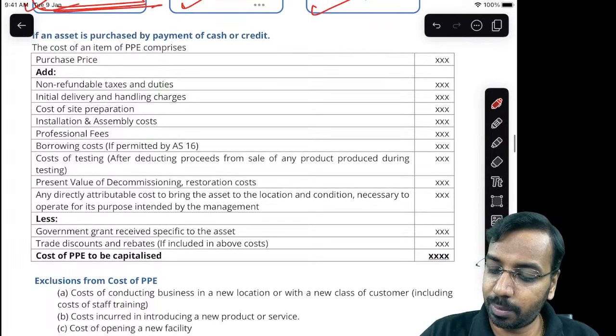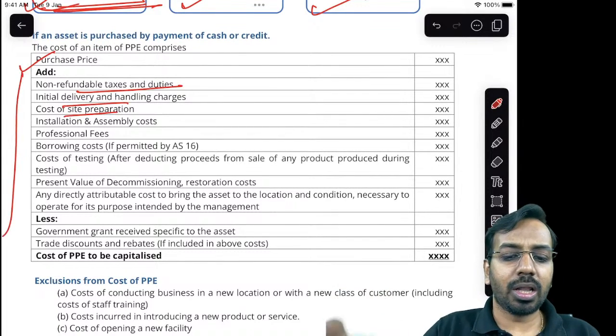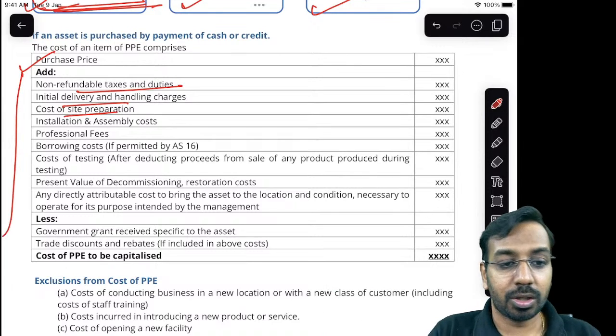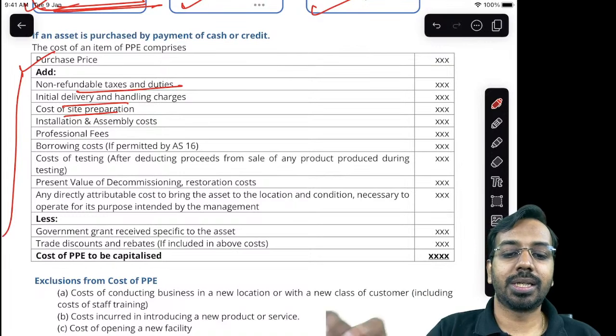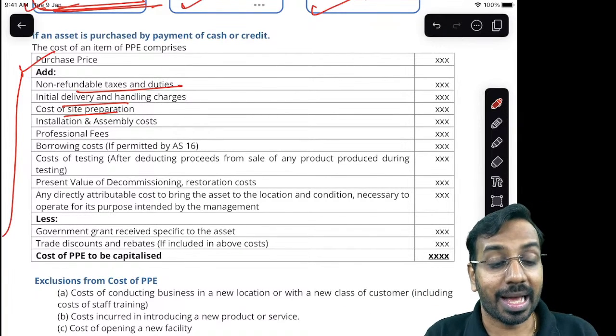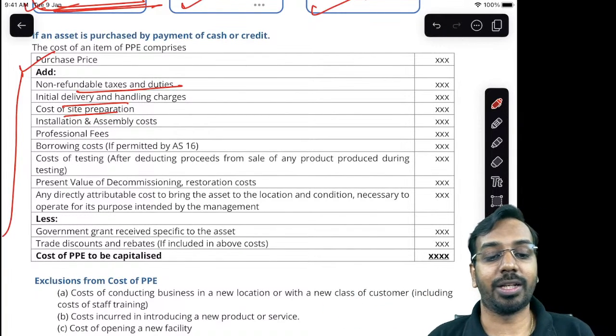So what you will take? Purchase price, non-refundable taxes, delivery, all the cost incurred to bring the asset or the PPE to its condition and location as intended by the management.